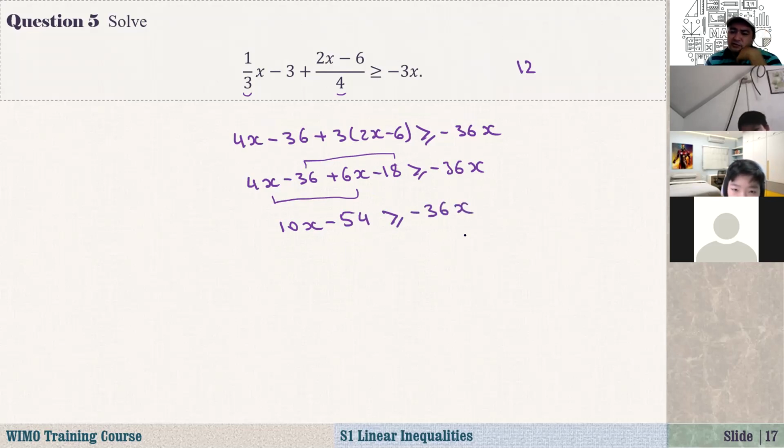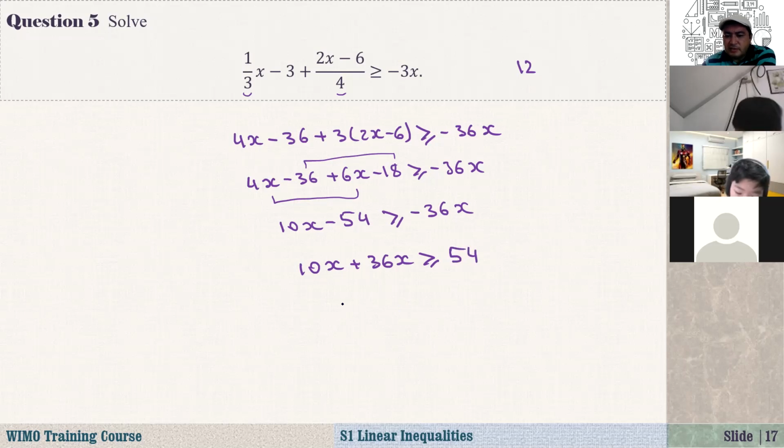Now minus 36x we should take to the left, so here we have 10x plus 36x, greater than or equal to, take negative 54 to the right, so it will be positive 54. 10 plus 36, 46x, greater than or equal to 54.